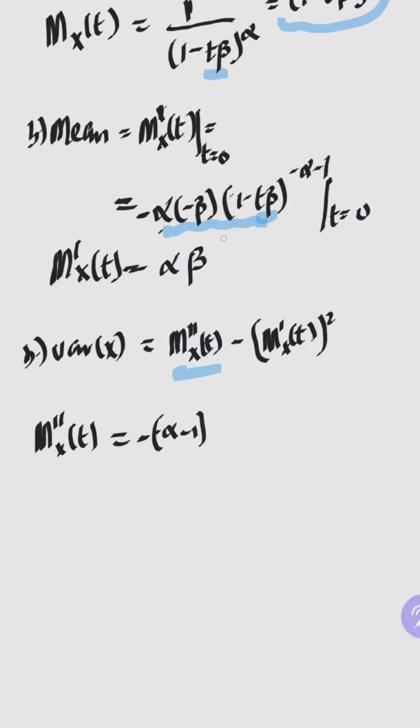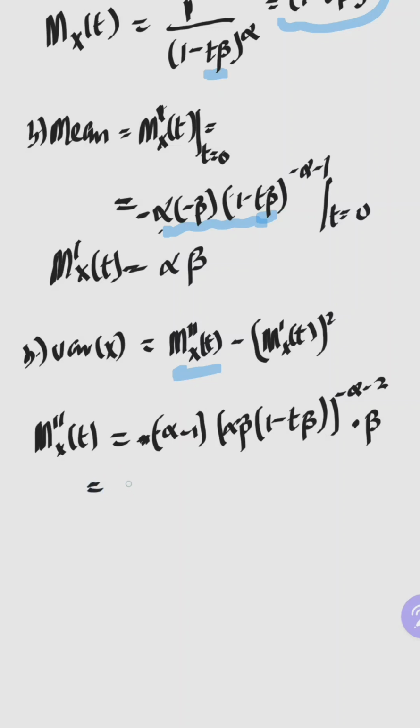Why do we have the negative? It's because if you differentiate, here we have alpha beta (1 minus t beta) to the power of negative alpha minus 2 times beta.